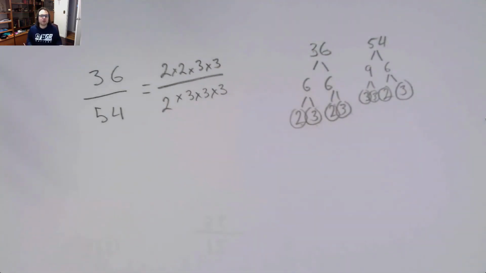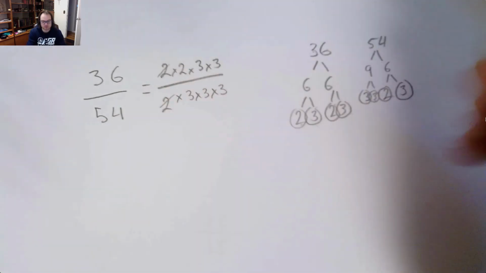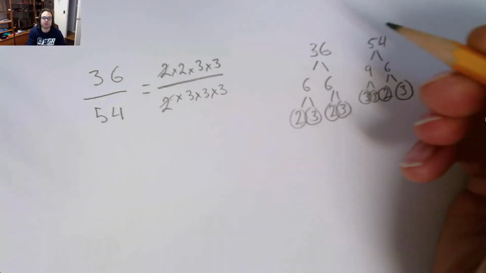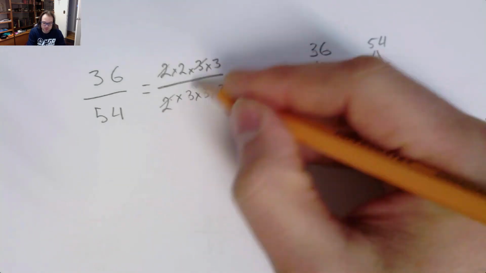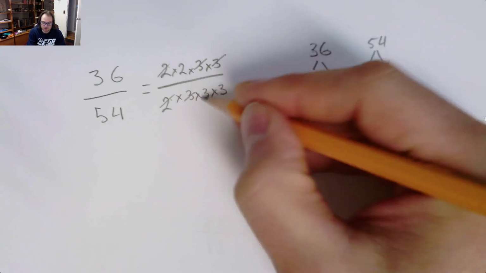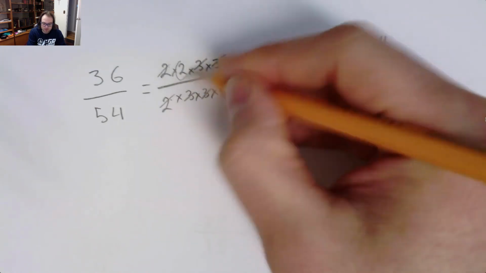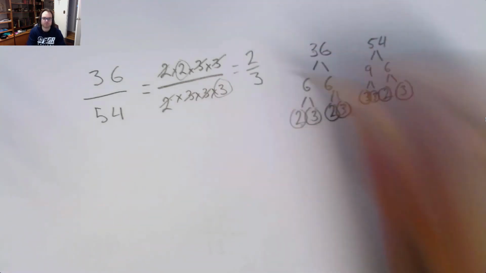Now, let's look at what's left over here. We have this 2 and this 2 divide each other. What's 2 divided by 2? That's going to be 1. What's 3 divided by 3? That's going to be 1. What's 3 divided by 3? That's going to be 1 as well. So we are left with 2 and a 3. So this gives me 2 over 3.